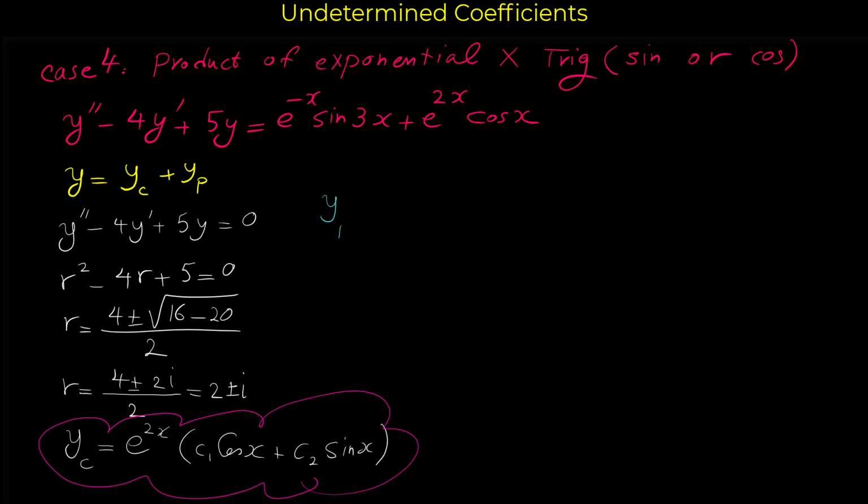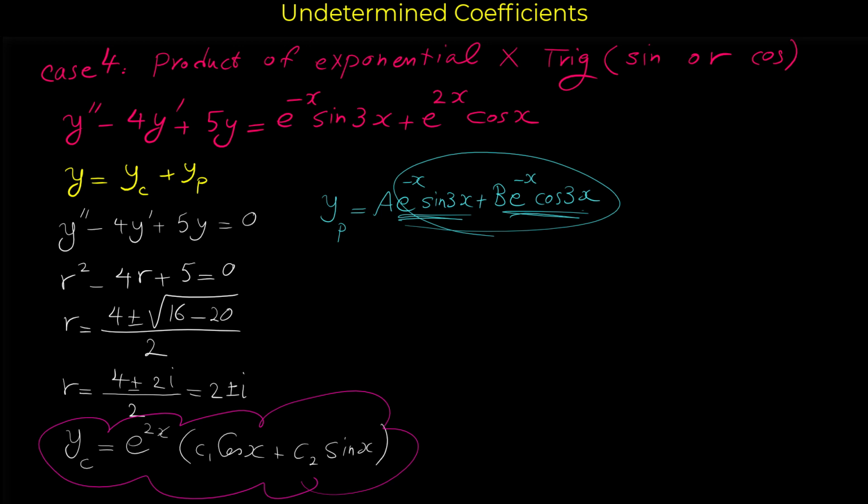The y particular for this part is a e to the negative x sine of 3x plus b e to the negative x cosine 3x. These two functions are the functions that, by taking the derivative of them, it is possible to produce this.